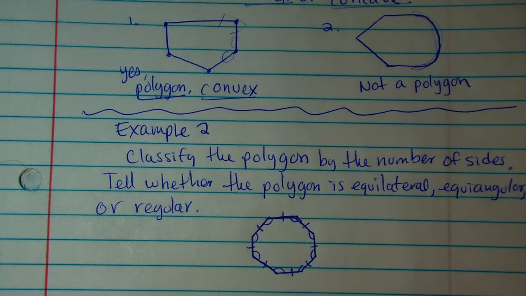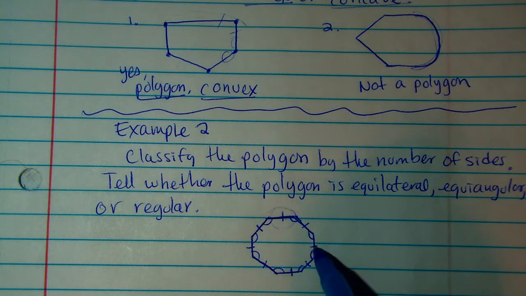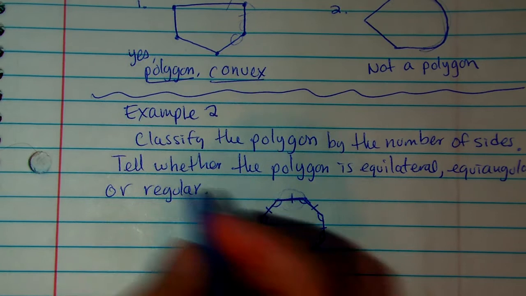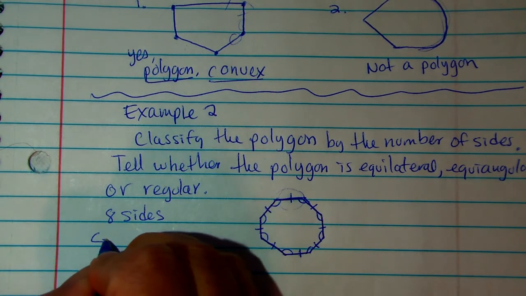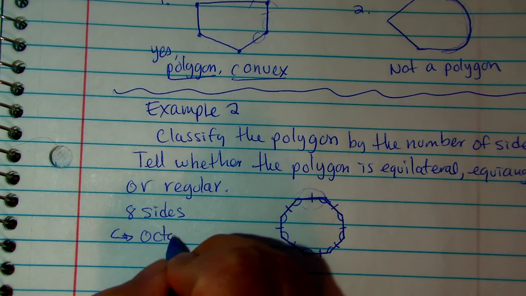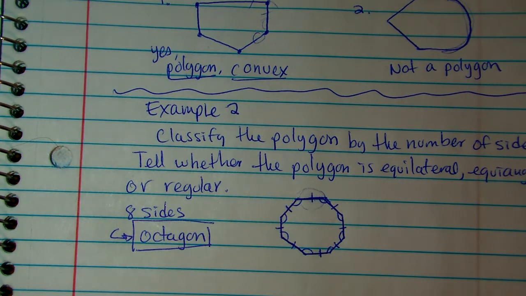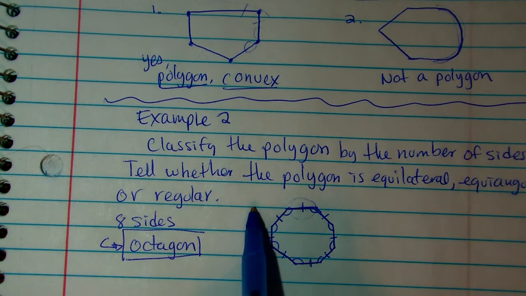If I start counting here, I have 1, 2, 3, 4, 5, 6, 7, 8 sides. It means that this is an octagon. Now we have to say if it's equilateral, equiangular, or regular.